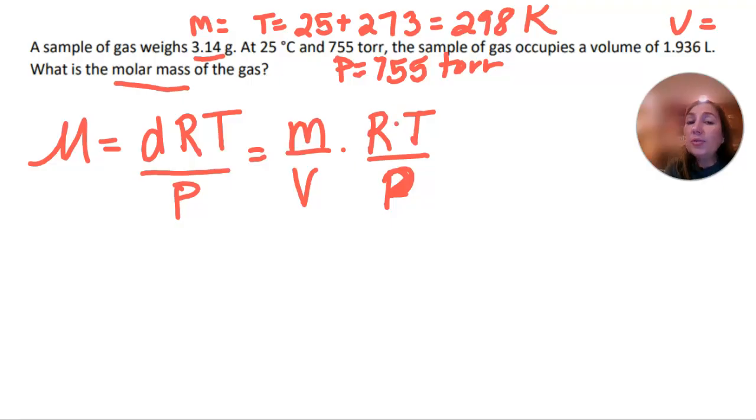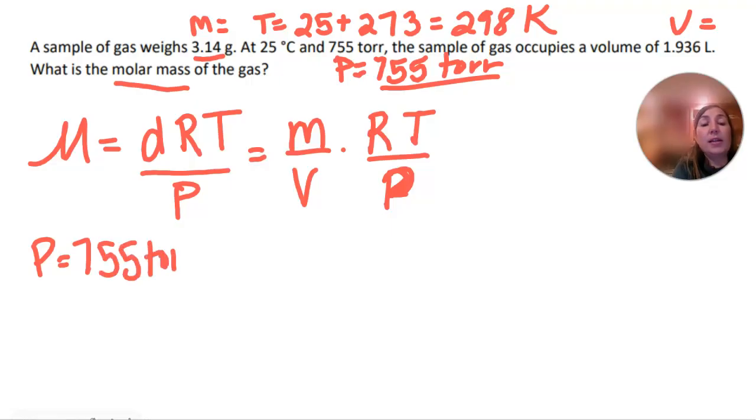And then a pressure, we do have a pressure of 755 torr. But we're going to use R. And R, we've been using 0.0821, with a pressure unit of ATM. So we probably want to get out of torr right away. Let's put that over 1, 755 torr.